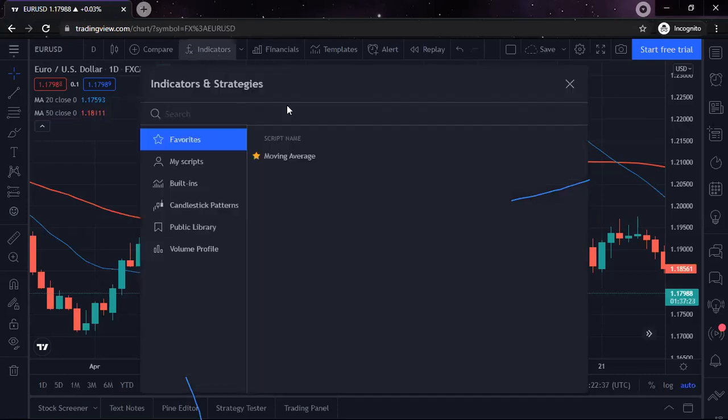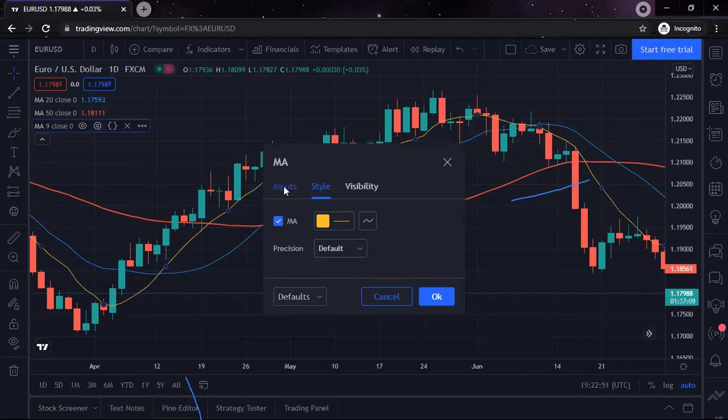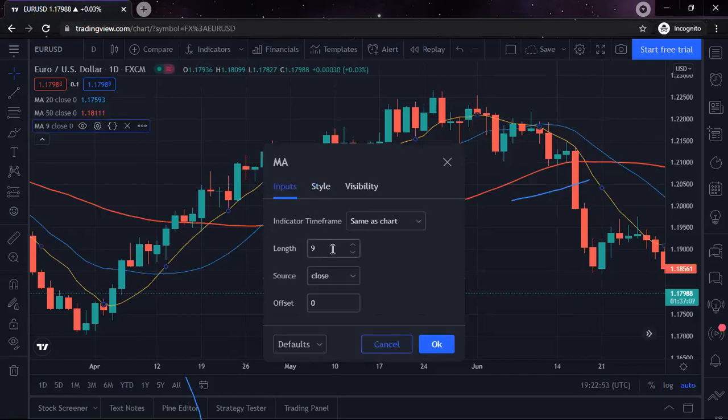So we go there again. We click on the MA again to add it. Now you see the default is 9. So we go here, go to input, change it from 9 to 200.